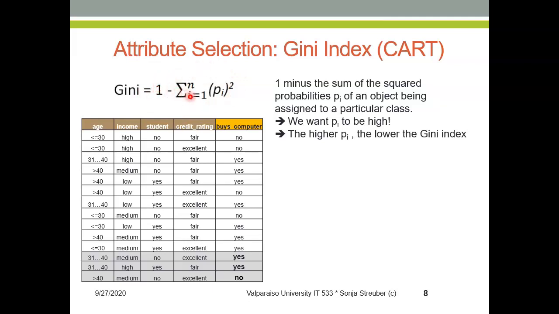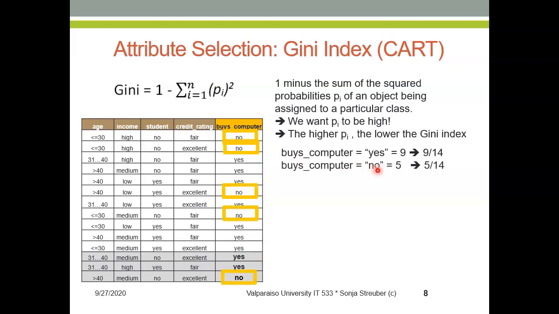Let's see how this plays out in the data set that we're looking at. We have age, income, student, and credit rating, and we're looking at their effect on our buys computer class attribute. So first, we are going to look at the overall distribution in our class attribute. Buys computer equal to yes gives us 9 out of 14 records. Buys computer no gives us 5 out of 14 records.